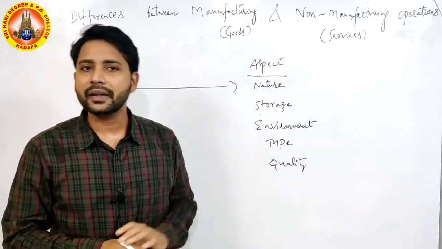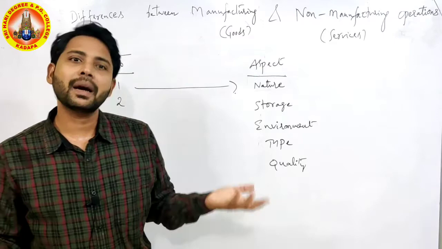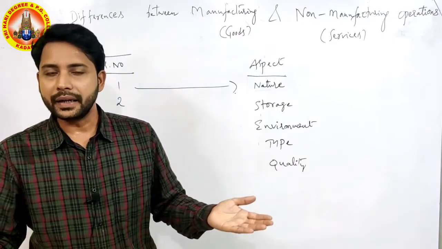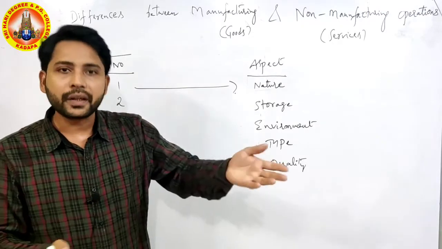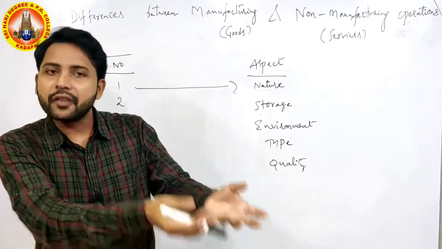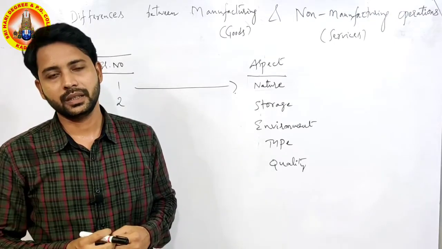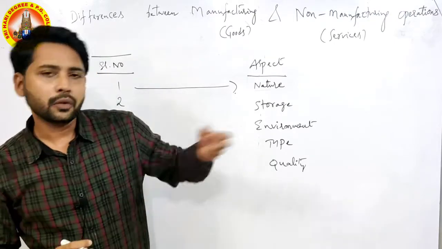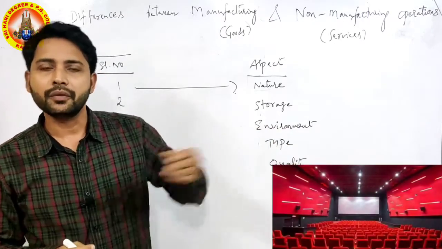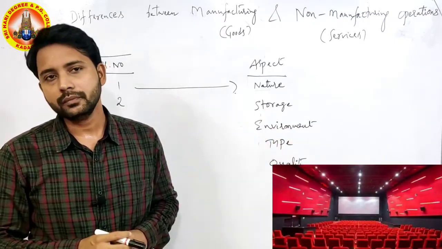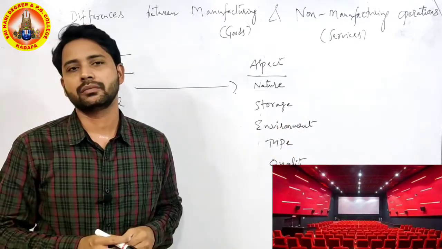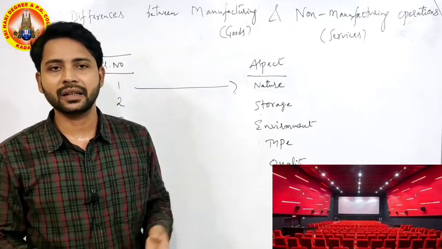And when it comes to services, they are customized in nature. Services vary, depending upon the requirement which the organization receives from the customer. For example, if you visit any movie theater, you can buy different categories of tickets, like first class, second class, third class.